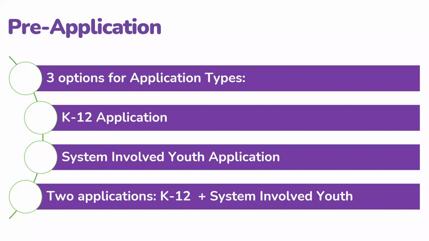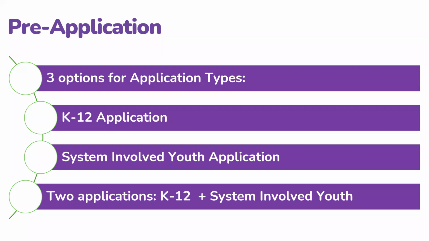So we want to start off by explaining the pre-application. Lori already mentioned that there are two different applications that you could submit a proposal for. If you have already gone into the system, you have noticed that there are three different options for application types, and understanding what you're selecting is critical to what you will be submitting.